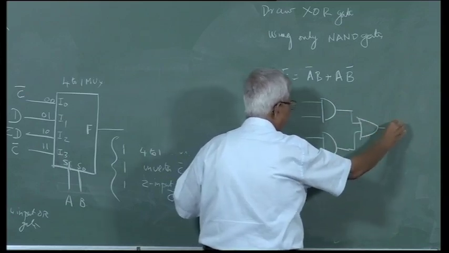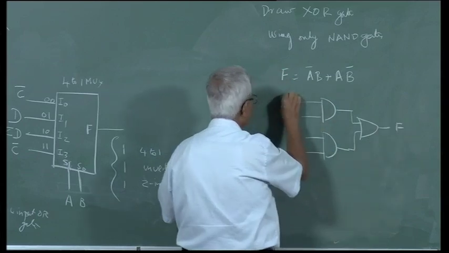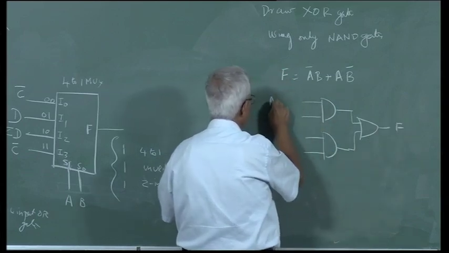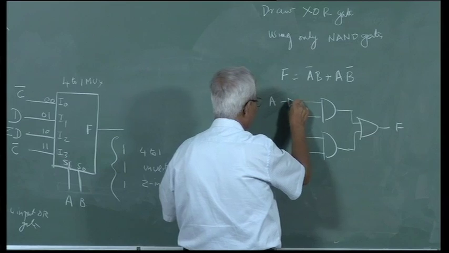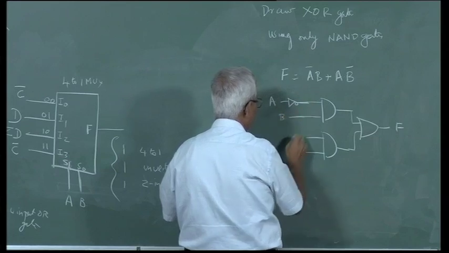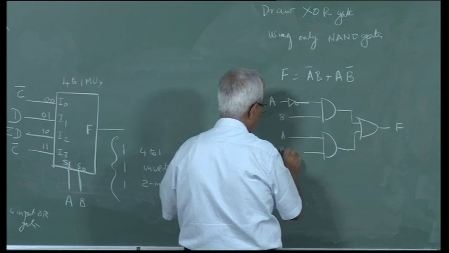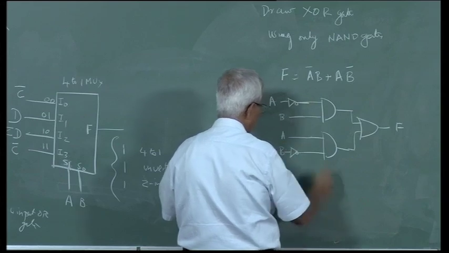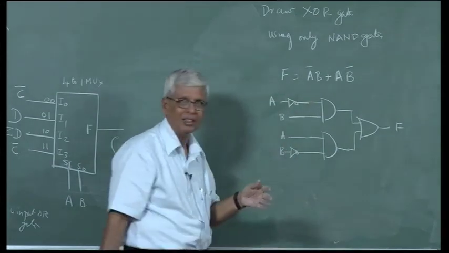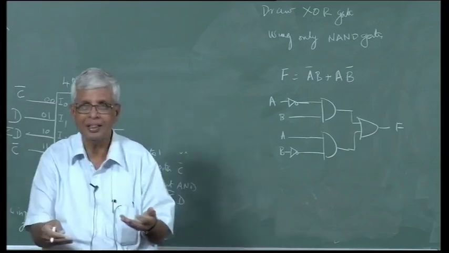This is F. This is A bar B. This is A B bar. What is the problem here? Very simple.